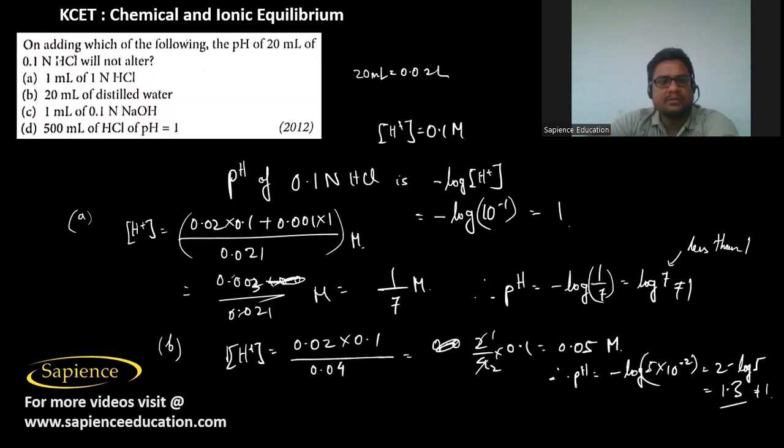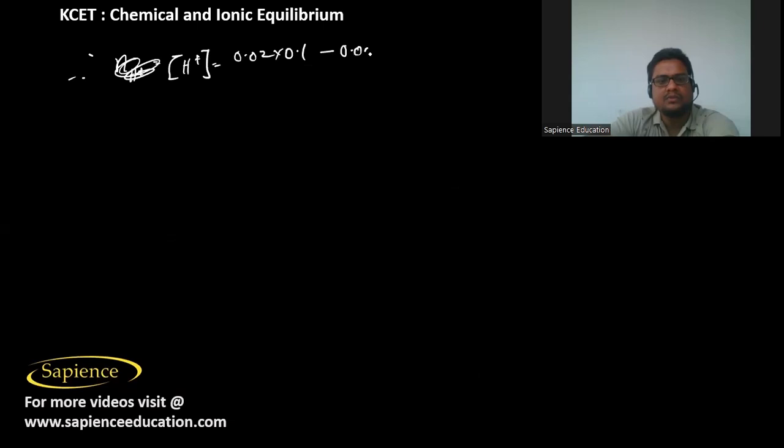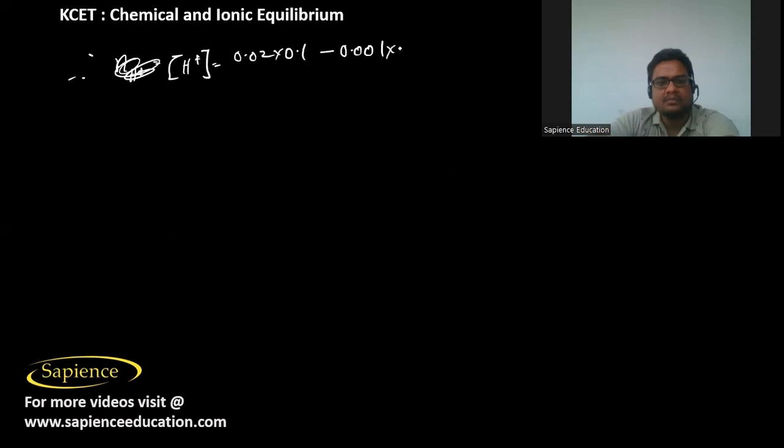So here the H plus ion concentration will be equal to the number of moles of H plus obtained from HCl, which is 0.02 into 0.1, minus, since NaOH is there, it will neutralize some of this HCl. 1 ml of 0.1 normal NaOH means 0.001 liter into 0.1, divided by 21 ml, so 0.021 liter.